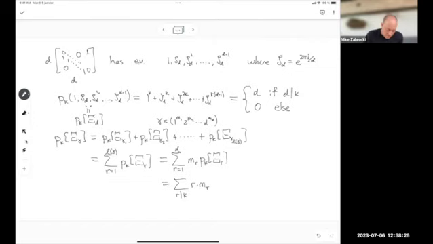I'm then going to define P mu of psi gamma equals P mu 1 of psi gamma, P mu 2 of psi gamma, up to P mu of L of mu of psi gamma.